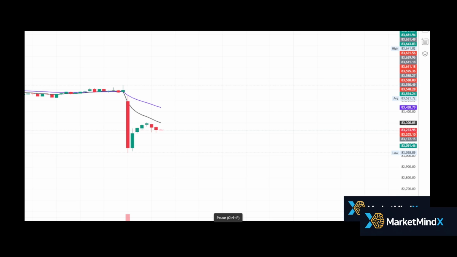FIIs and Pro were bearish in OI index and the OI futures. However, for the index option and index futures, they were mixed sentiment. So overall, as a majority, I was on the bearish side of the market.